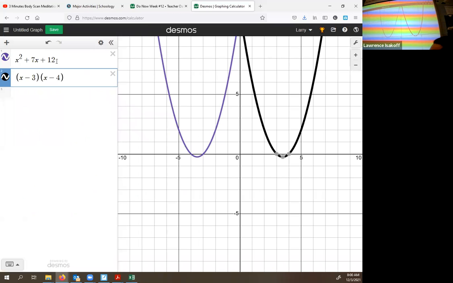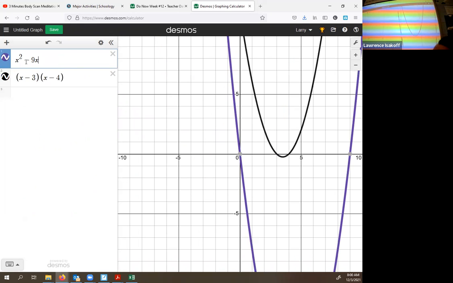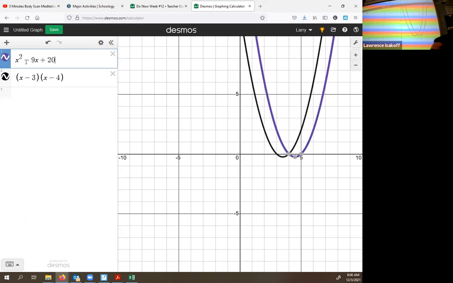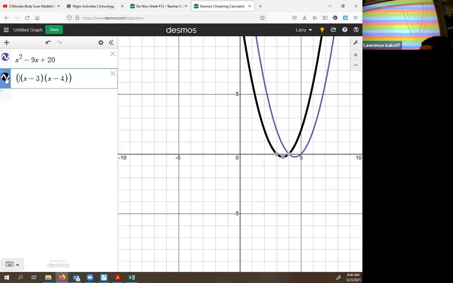So my original equation had said x squared minus 9x plus 20. So that's what we're seeing there. Hey, we saw this answer actually wasn't horribly off, but it was still off.